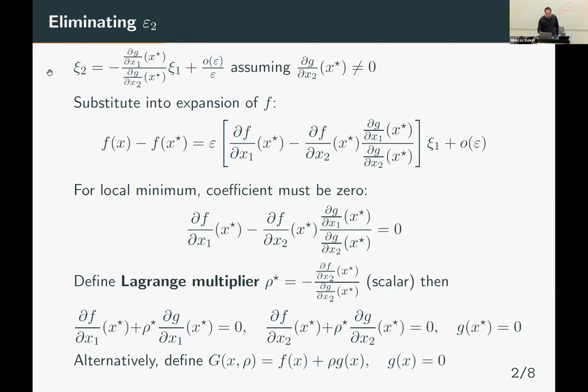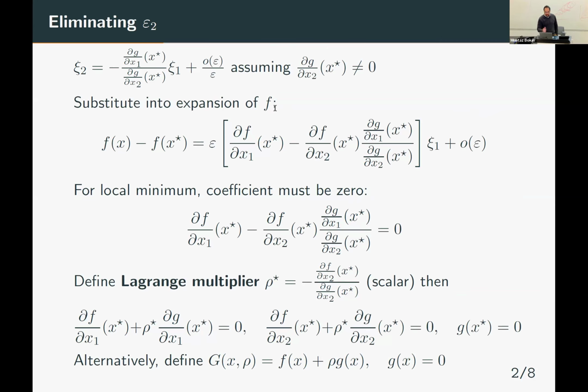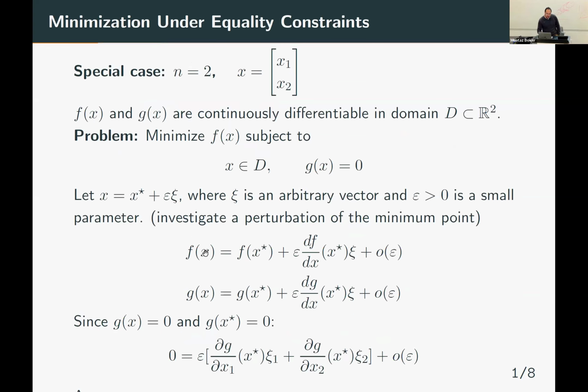Okay, so now we have that. Take C2, and substitute into the expression of f, or the Taylor expansion of f. So take that, substitute it back in the expansion of f, and take f of x star to the other side.